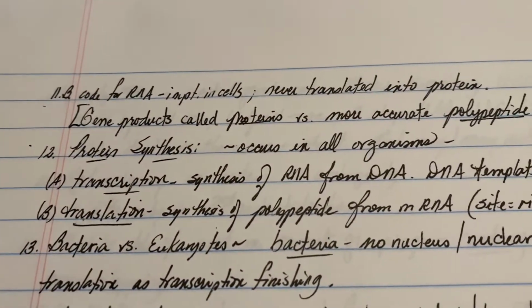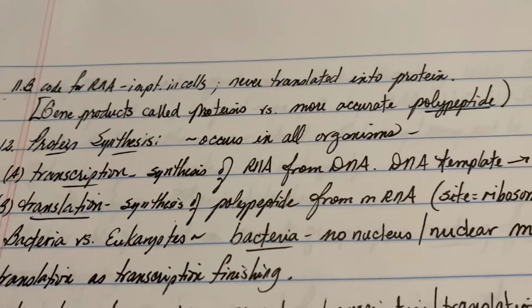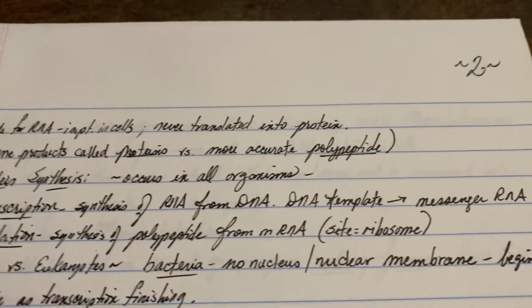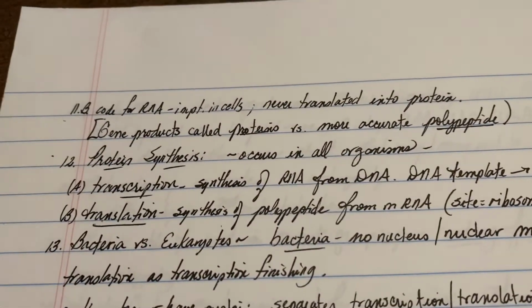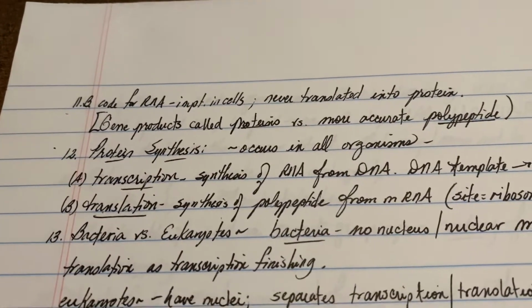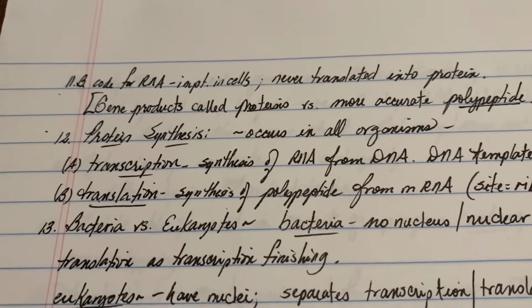Now, if we look at bacteria versus eukaryotes, bacteria obviously have no nucleus, so they have no nuclear membrane. And what's interesting about that is they can begin translation with no processing as soon as transcription is finished.